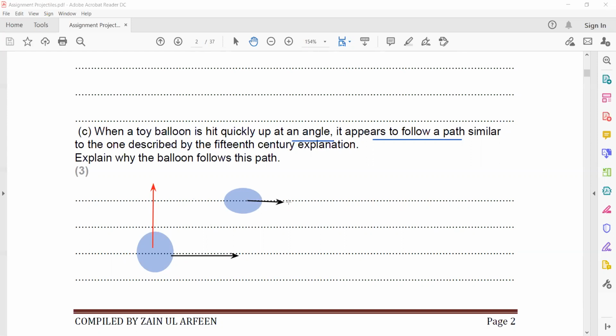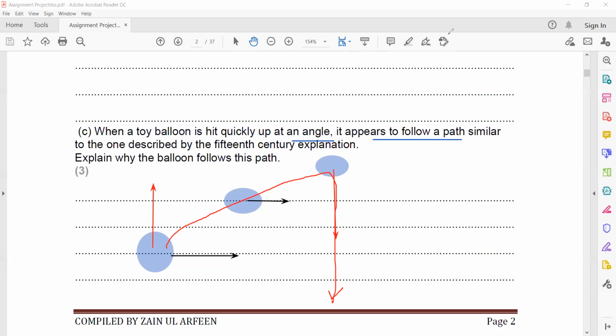It starts to decrease, and eventually the horizontal component will be zero. At the moment when the horizontal component is zero, only gravity is acting, and the force of gravity will cause its downward motion. That's why it will follow a path or trajectory different from the one shown in the 15th century.